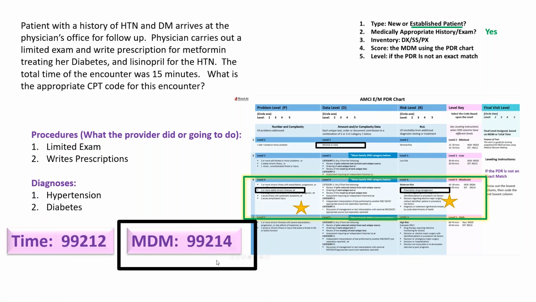And the difference in the real world between a 99212 code and a 99214 code can be about $150.